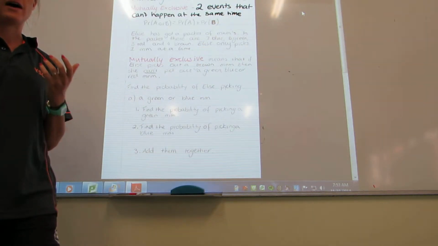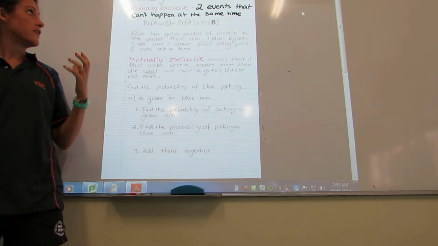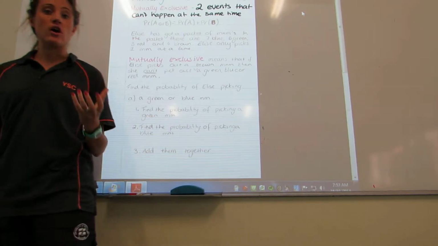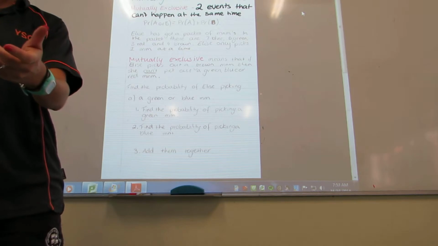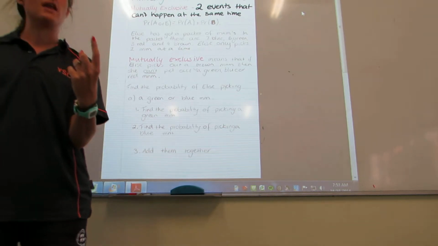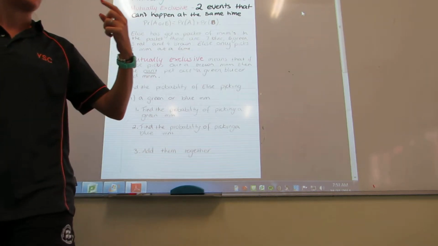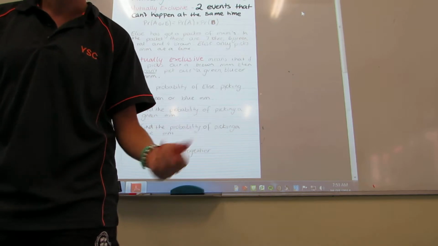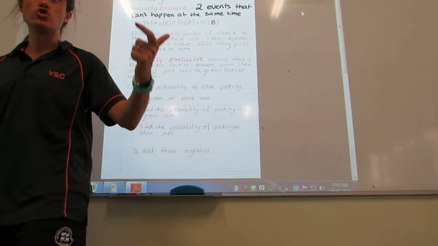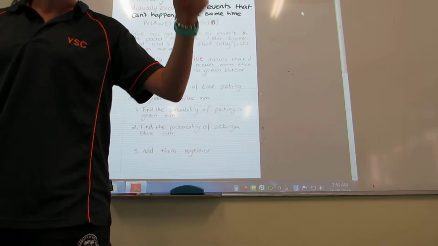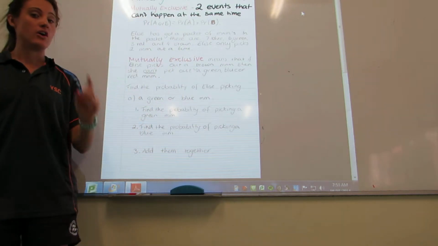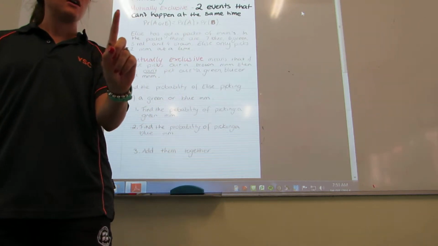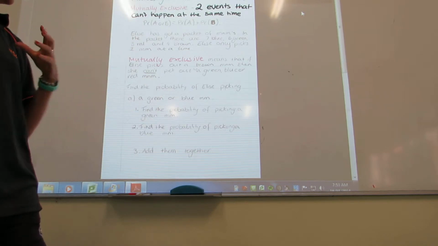So what I mean by that is that if you've got a dice and you get one roll of it, you can only get one number. You can't get a 2 and a 3. You can only get a 1, a 2, a 3, a 4, a 5, or a 6, but you can only get one of those numbers. You can't have two things at once.